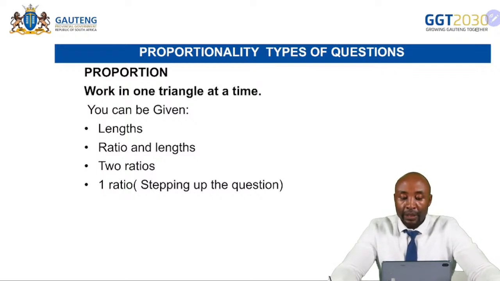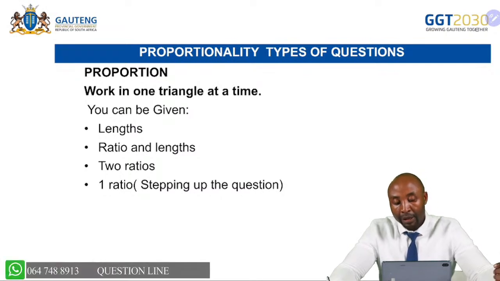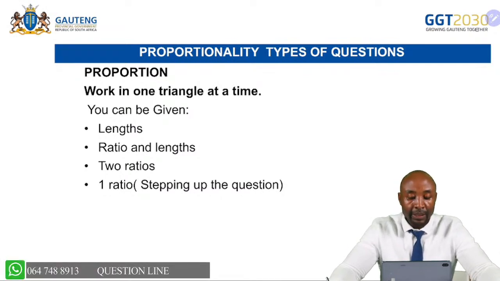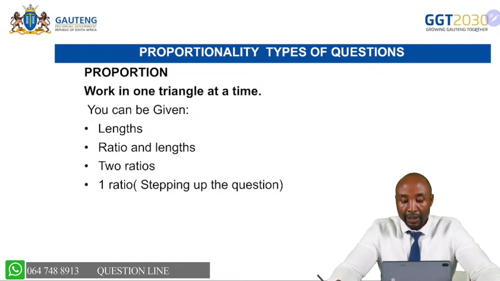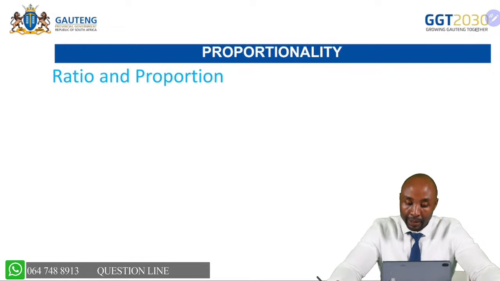You have to work in one triangle at a time. You can be given information about the lengths, the ratio of the sides, as well as lengths, or you can be given two ratios, or you can be given one ratio, and we normally say this is a stepping up question. You will see the examples that we are going to look at.